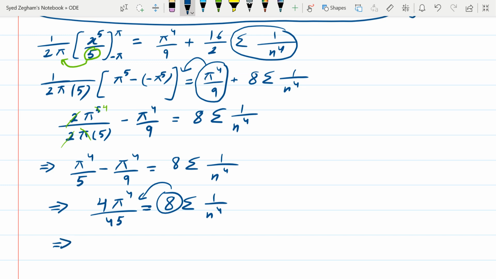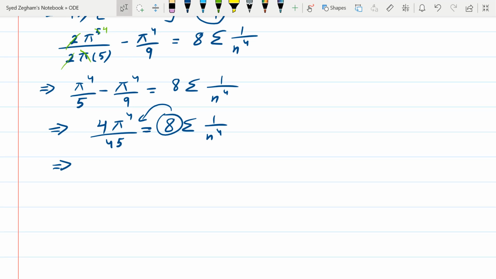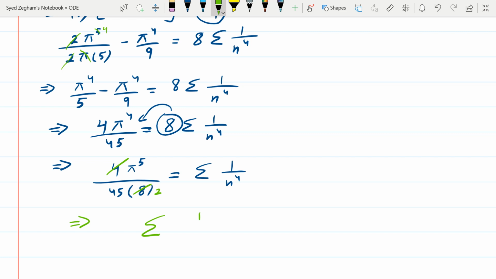So this will give you 4 pi power 4 over 45 and another division by 8. This is the value of summation 1 over n power 4, which is 4 will cancel 8, this will become 2. And therefore, the final answer is that summation 1 over n to the power 4 should be equal to pi power 4 divided by 90.